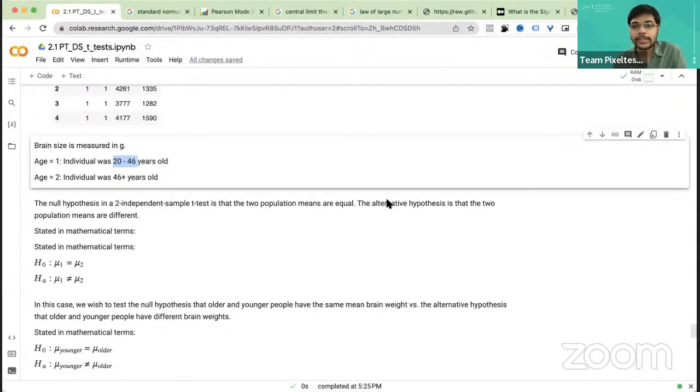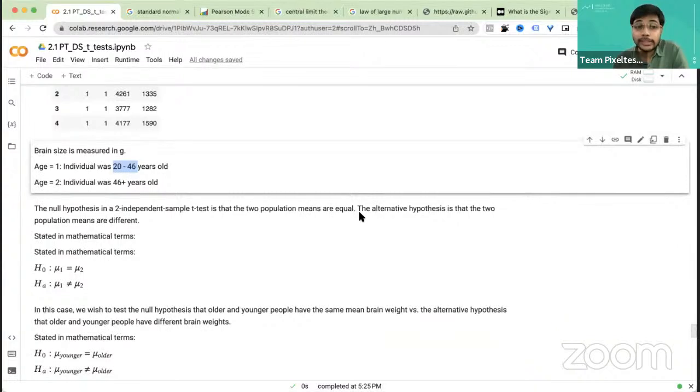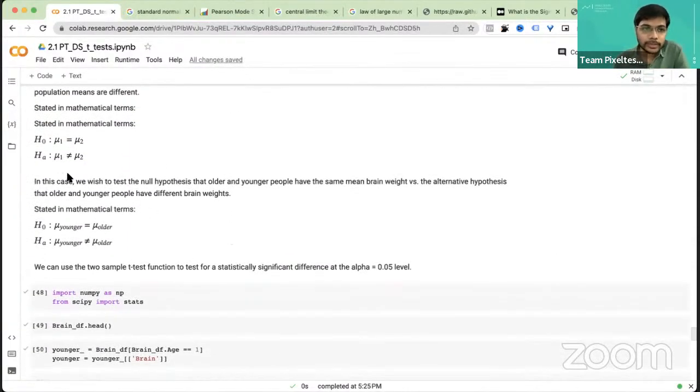The alternative hypothesis is that the two population means are different. Means the younger population, the individuals between 20 and 46 years old, and the individuals over 46 years old: if the means of both the data sets are the same, then our null hypothesis is true, right? The alternative hypothesis is that both of them have different means. So that is going to be our hypothesis.